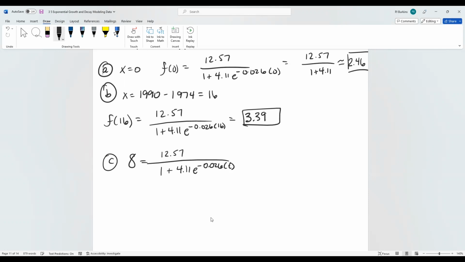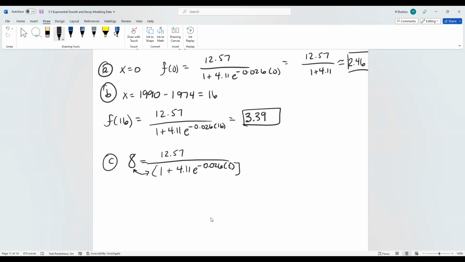Now, I'm going to let you guys in on a little trick here, just because you're going to do this a lot, and I don't want you to have to keep doing it over and over again. If I have a single number equal to a fraction, then I can simply move the denominator of the fraction to this side of the equation and switch it with the constant that's on that side.